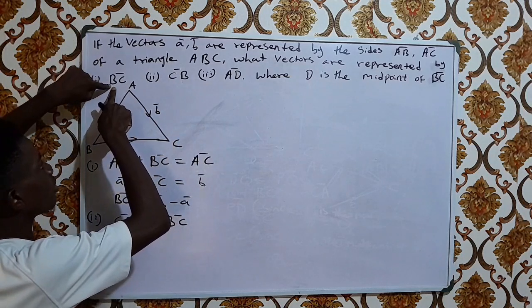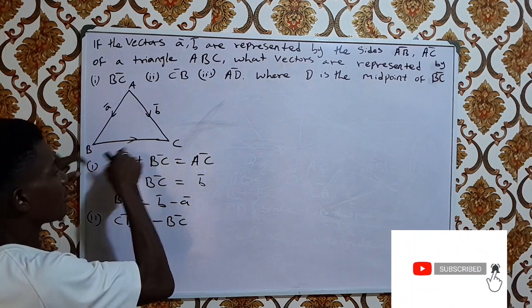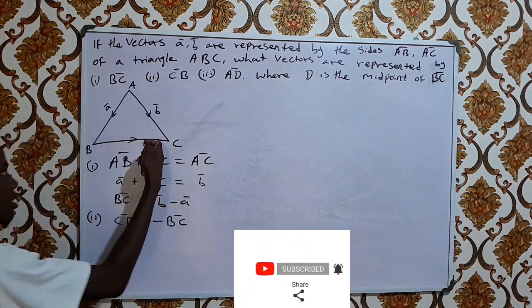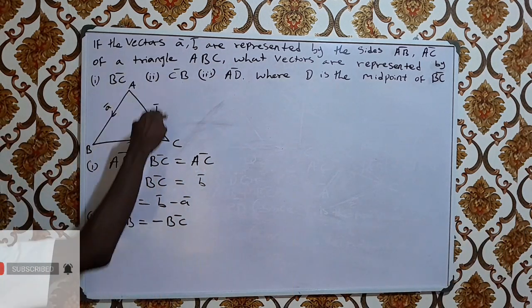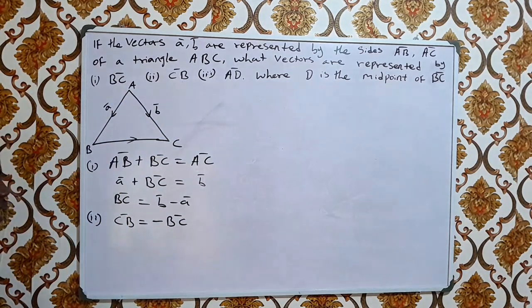This one is moving from B to C. This one is moving from C to B, under the same triangle. Instead of calculating it like this, we can still follow here up and get our answer.